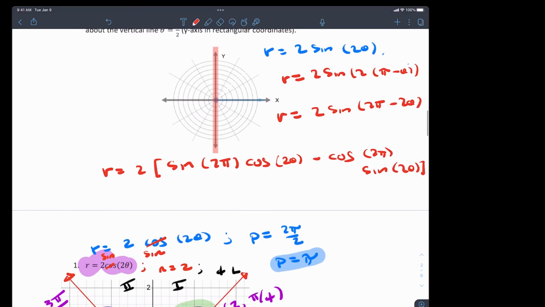So double check. Sine 2 pi is 0. What's cosine 2 pi? It's positive 1. So this would be 2, ladies and gentlemen, times that minus sine 2 theta?